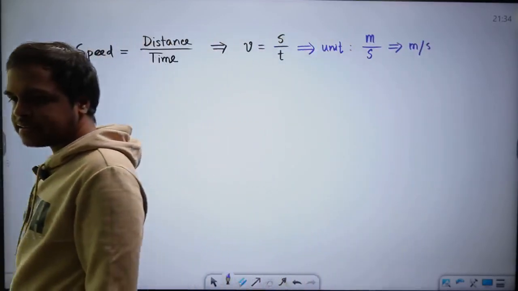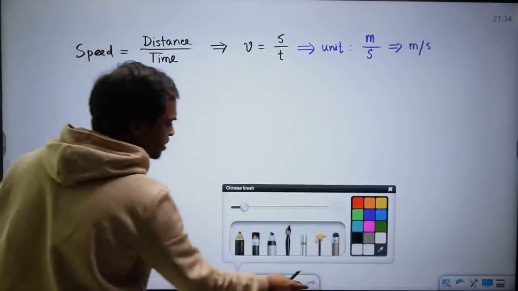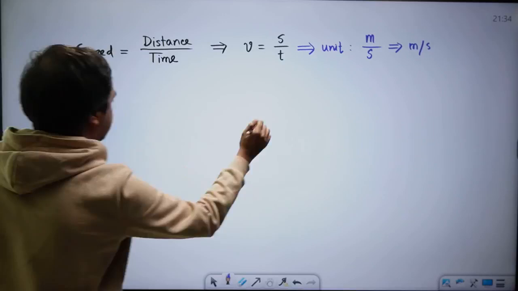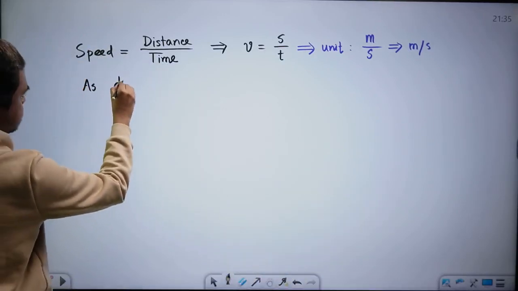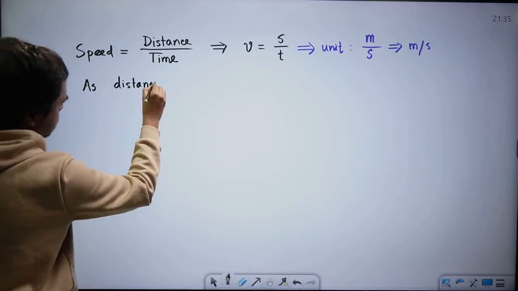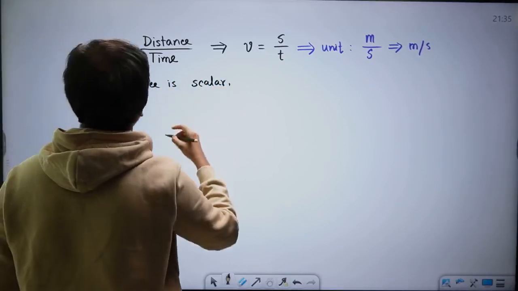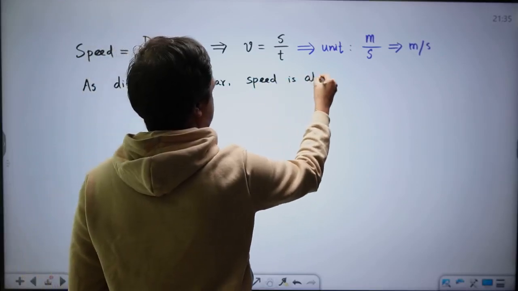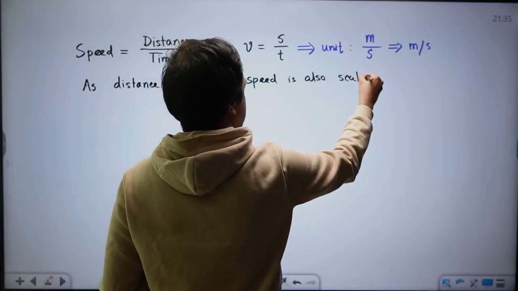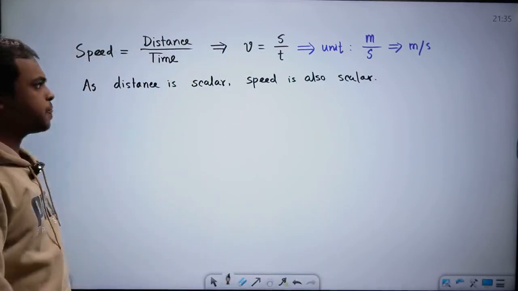But as distance is a scalar quantity, speed is also a scalar. Okay, done? So speed is a scalar quantity.